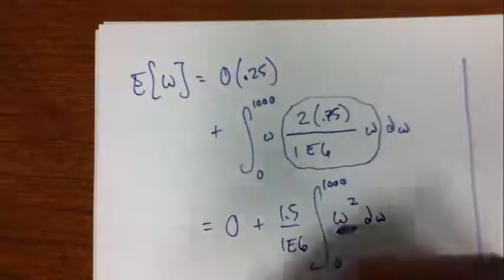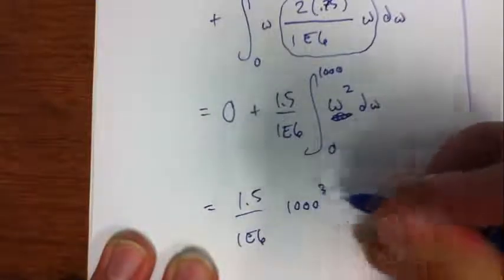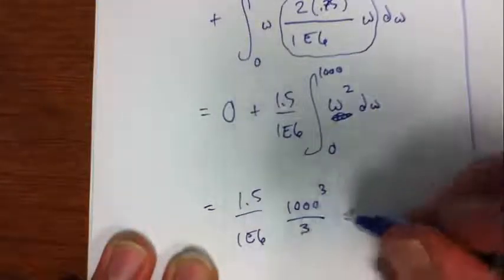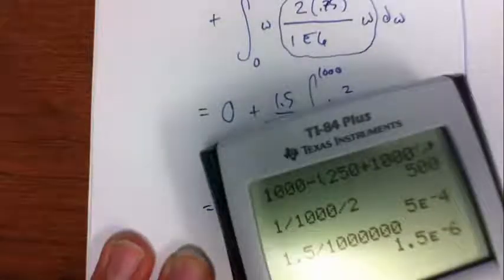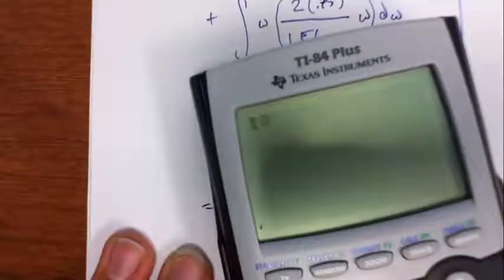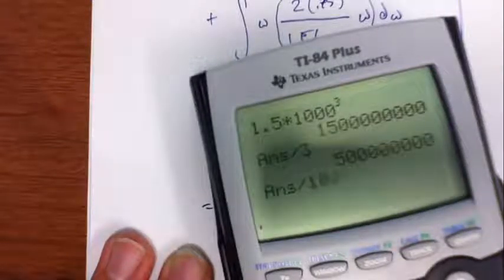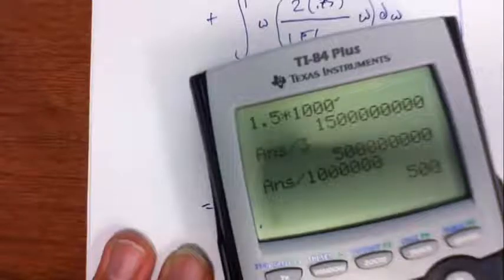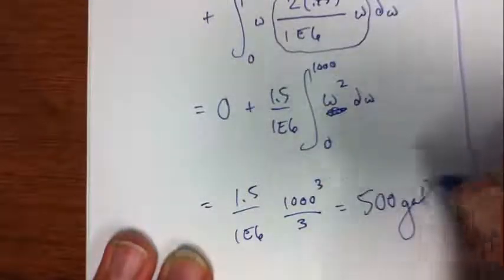That works out to 1.5 over a million times 1,000 cubed over 3, which is 500 gallons. Yeah, it's got units of gallons on it.